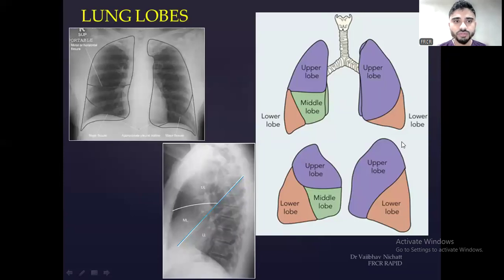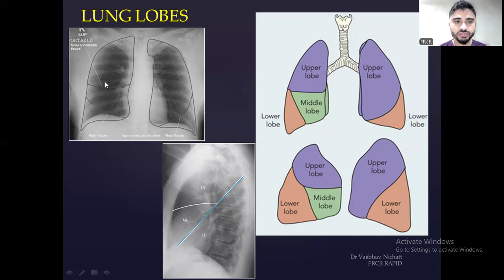But before going to the golden S sign, we should know how the lung lobes are placed in the radiograph. This is the right upper lobe, right middle lobe, right lower lobe. The right upper lobe and right middle lobe are separated by the minor fissure, also known as the horizontal fissure. The right upper and right middle lobes are separated from the right lower lobe by the oblique fissure, known as the major fissure.